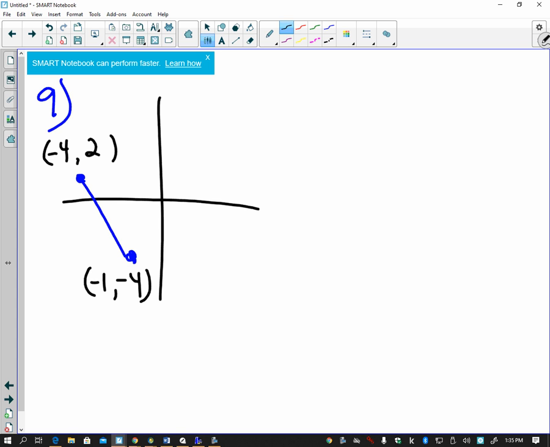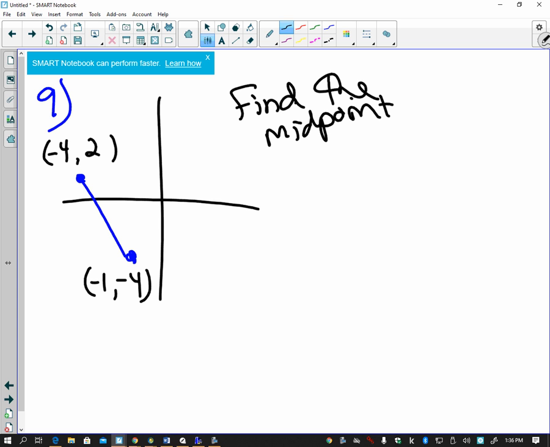They're going to ask you to find the midpoint. So you need to know the distance formula and you need to know the midpoint formula. Do we know the midpoint formula? No, you're thinking of slope. It's add. Add what?